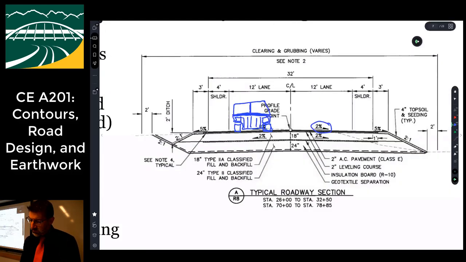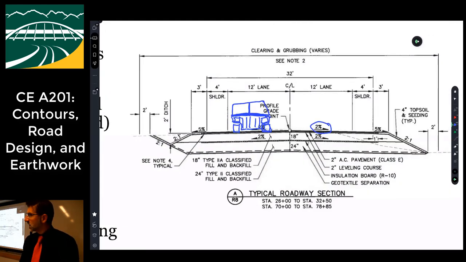So this is an actual cross section that I stole from the Kincaid plans. So they redid the road to Kincaid in 2007, maybe something in that neighborhood. I didn't live here before that, but I kind of wish I had some pictures of what that road looked like before, because it looked really sketchy.